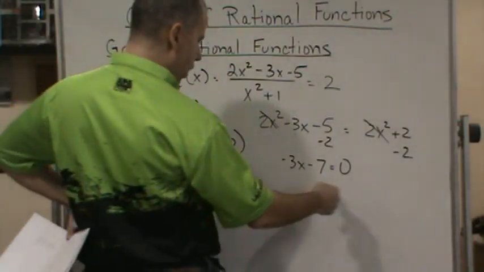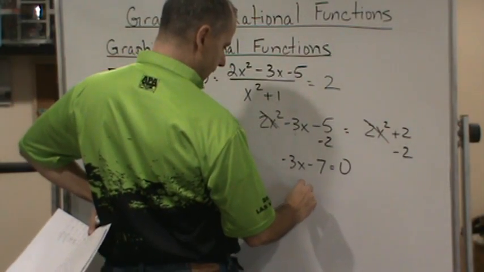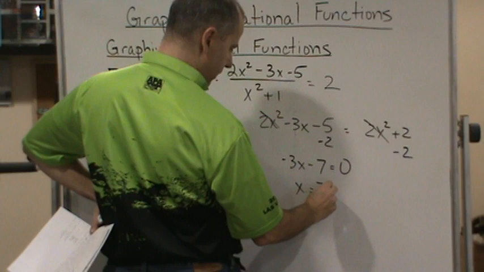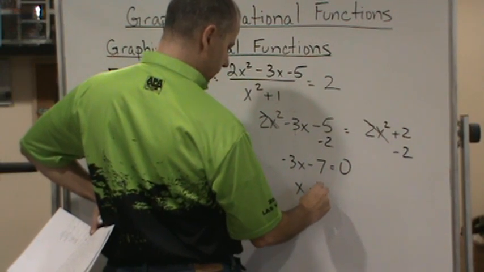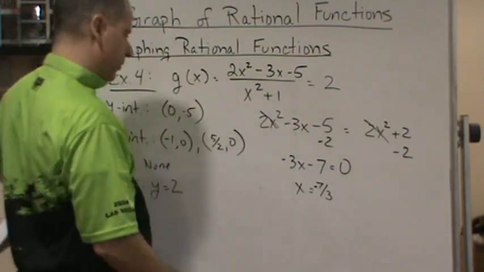And so if I solve this, then I get what? I get x is equal to negative 7/3, right?